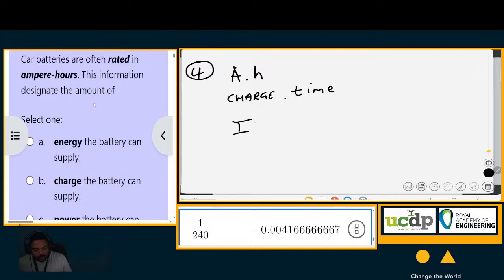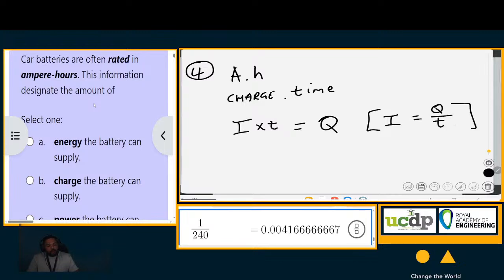Current. Current gives charge, correct? What gives a unit of time? Time gives a unit of time. So current multiplied by time, if you remember correctly, is also equal to charge. Because we define current as charge per unit time. Therefore, time multiplied by current is charge.